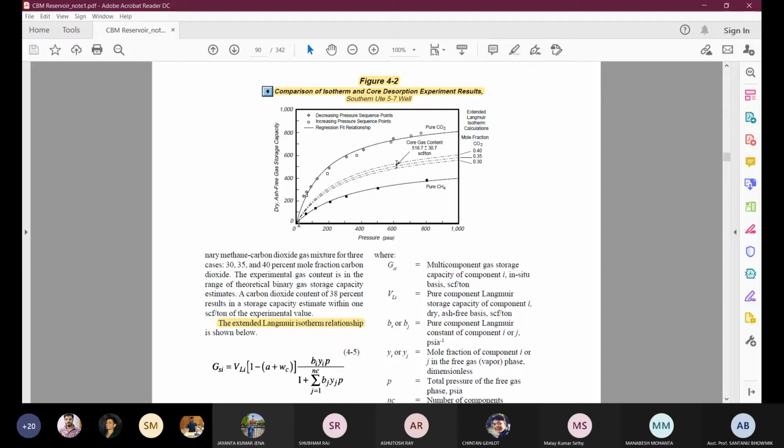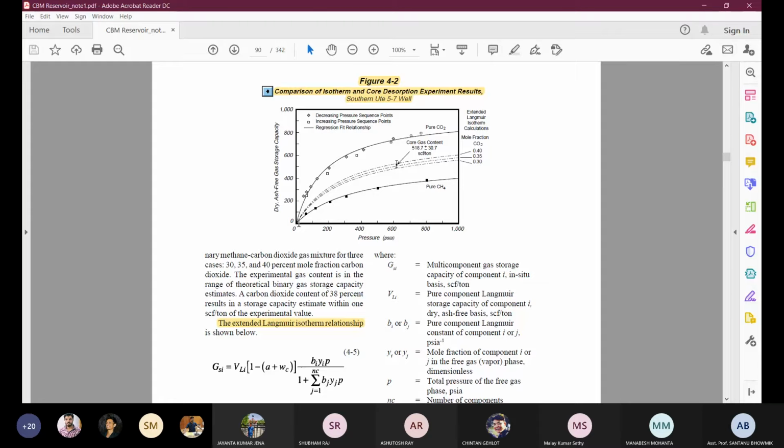So suppose you take a coal sample, prepare a coal core, and apply gas injection in the laboratory, and then take out the gases. You will see that some part of the gases will still be there beyond the abandonment gas pressure.